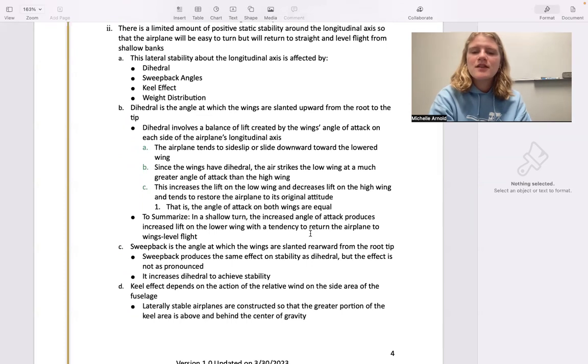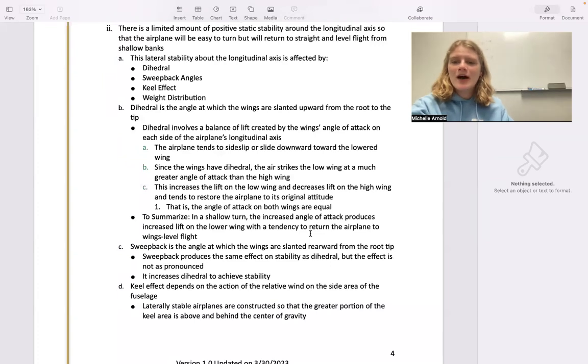So this is pretty much when the raised wing has an increase of lift because it has an increased airspeed going over the wing. This is caused by what I kind of like to think of as the track effect.